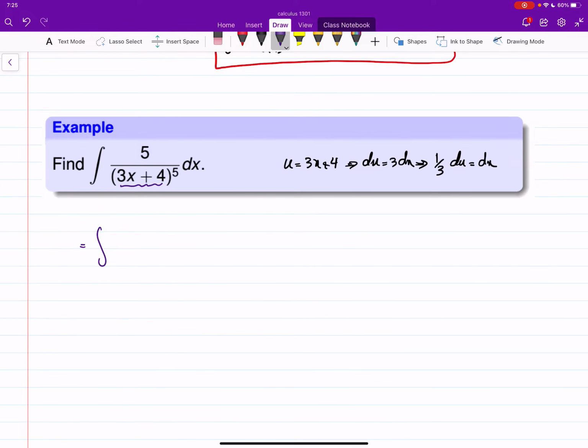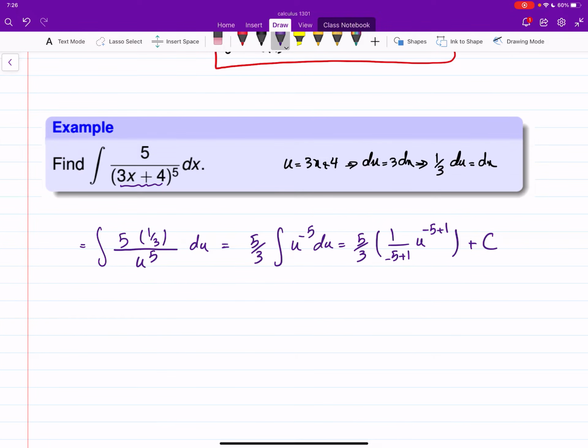So here I have 5 times 1 over 3 du over u to the power 5. So 5 over 3 times the integral of u to the power negative 5 du. This is just the power rule, and that will give me 5 over 3 times 1 over negative 5 plus 1, u to the power negative 5 plus 1, and then plus c.